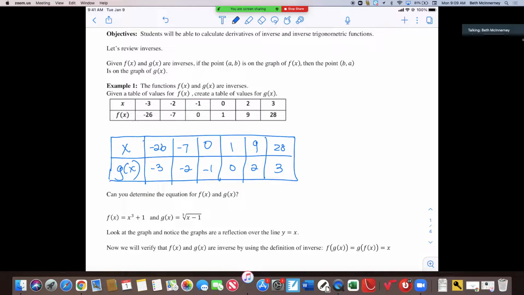So again, oh, I needed my tool belt. I have my tool belt. I don't get the tool belt very often. So here we go. I got my math tool belt.